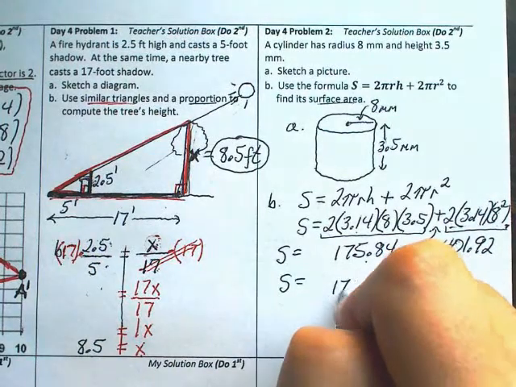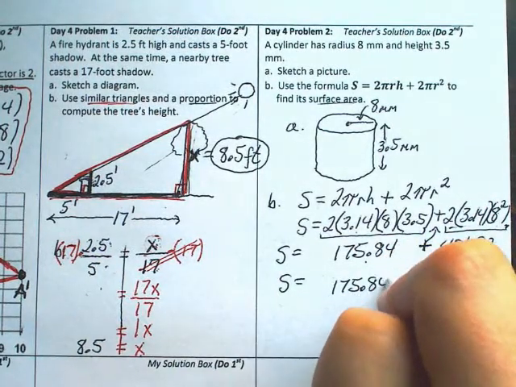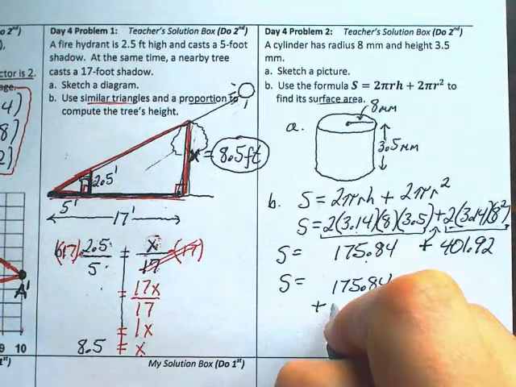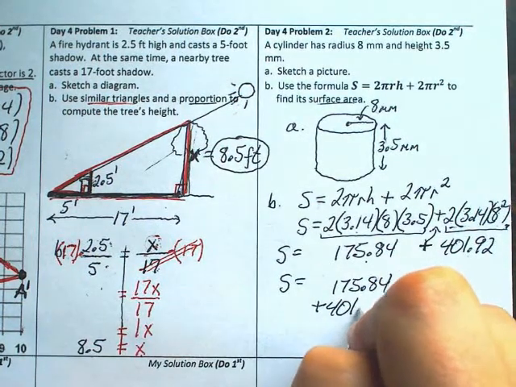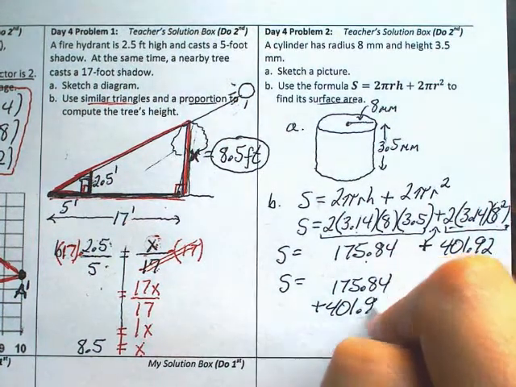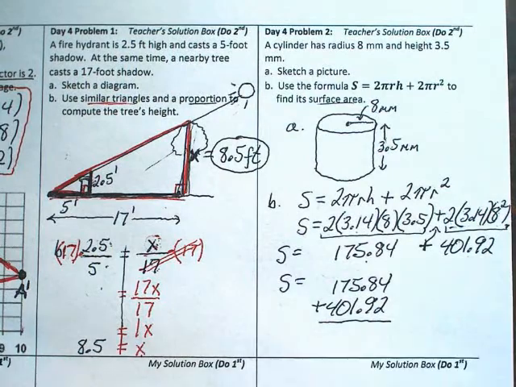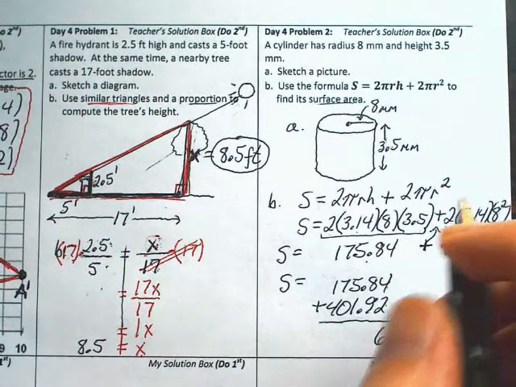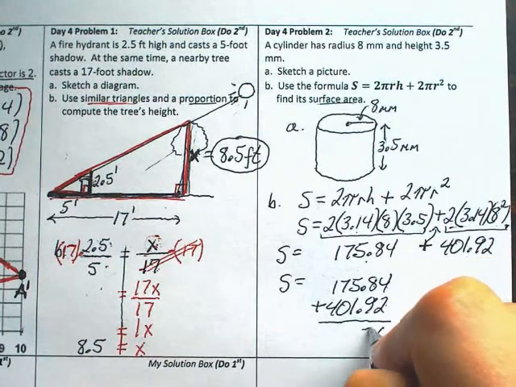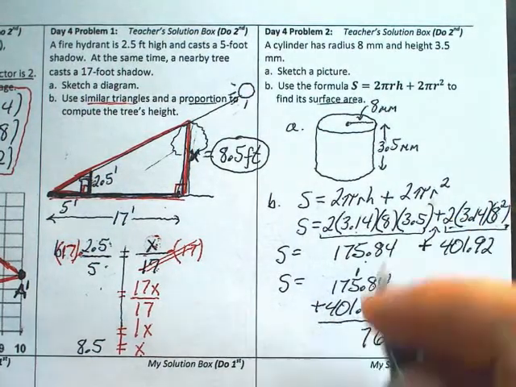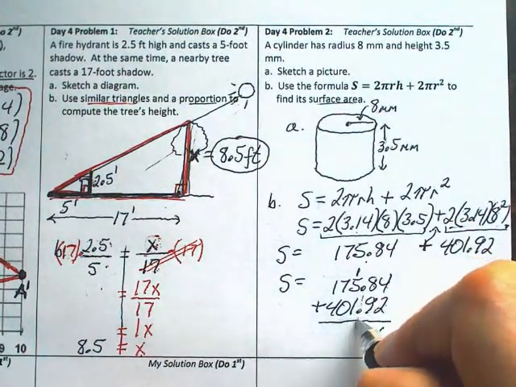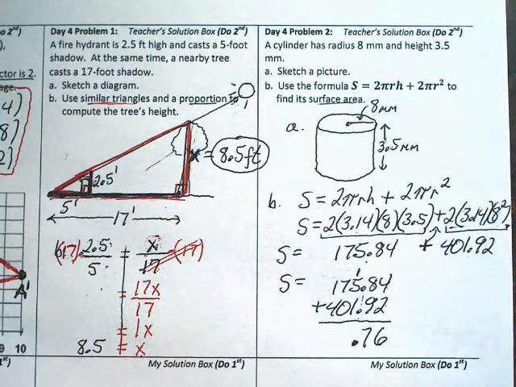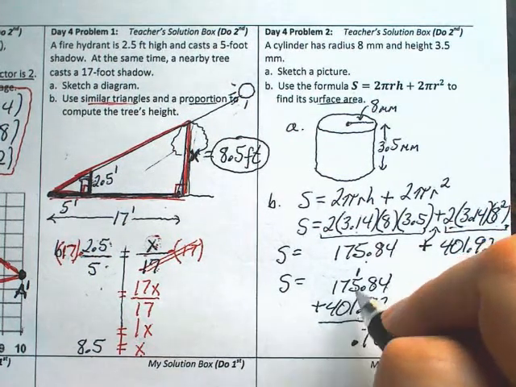And so 175.84 add 401.92. Let's see what we get for our surface area. 4 plus 2 is 6. 8 plus 9 is 17. Carry the 1. These dots line straight up. Here's the dot. 5 plus 1 is 6.